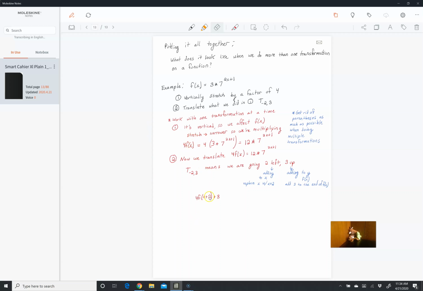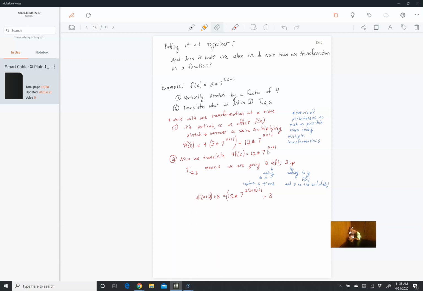So the x got replaced with x plus 2, and then we tacked on a plus 3. Now we're going to do the same thing on this side. On this side, our x gets replaced with x plus 2, and then we tack on a plus 3 to the end of the function.